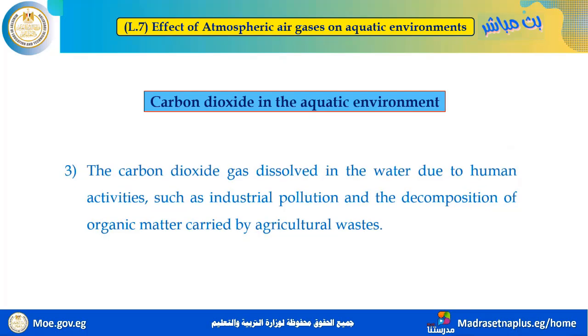Also don't forget the carbon dioxide gas dissolved in the water due to human activities such as industrial pollution and the decomposition of organic material carried by agriculture wastes. So these are the sources of the carbon dioxide in the aquatic environment.